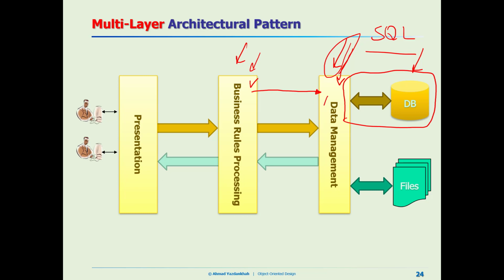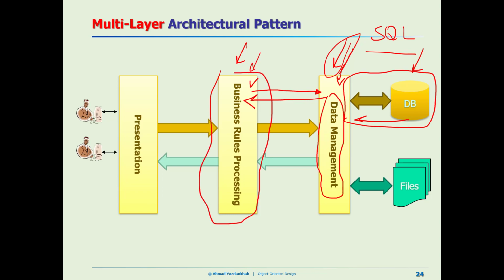Then the data management layer's job is to create the appropriate SQL, communicate with the database, get the data, wrap all of the data in an object, let's say a Java object, and return it back to the business rule layer. So the business rule layer only understands the Java object, nothing else.